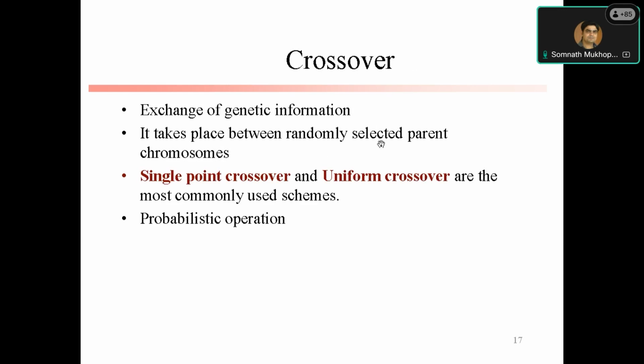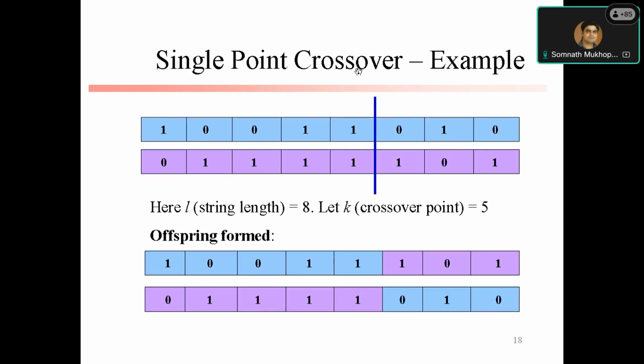The next operator is crossover, which is actually an exploitation operation, which uses the existing chromosomes to generate new chromosomes. Parents generate child chromosomes. There are many different crossover operations.